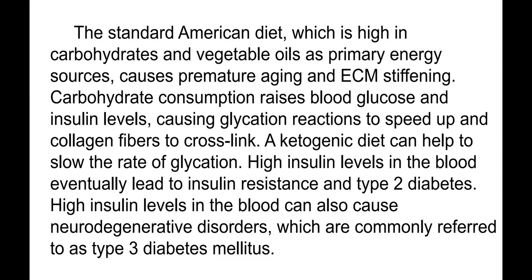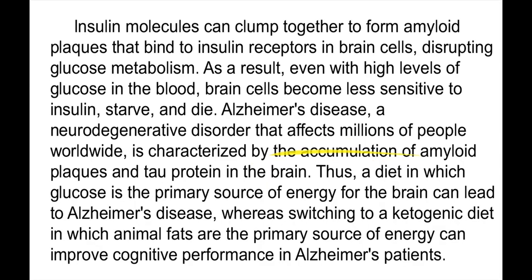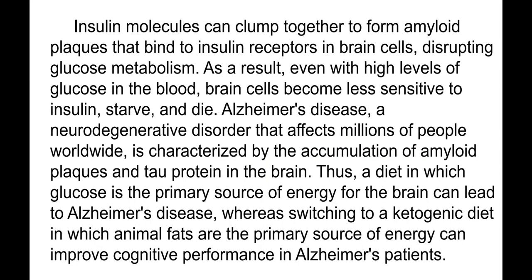High insulin levels in the blood eventually lead to insulin resistance and type 2 diabetes. High insulin levels in the blood can also cause neurodegenerative disorders, which are commonly referred to as type 3 diabetes mellitus. Insulin molecules can clump together to form amyloid plaques that bind to insulin receptors in brain cells, disrupting glucose metabolism.